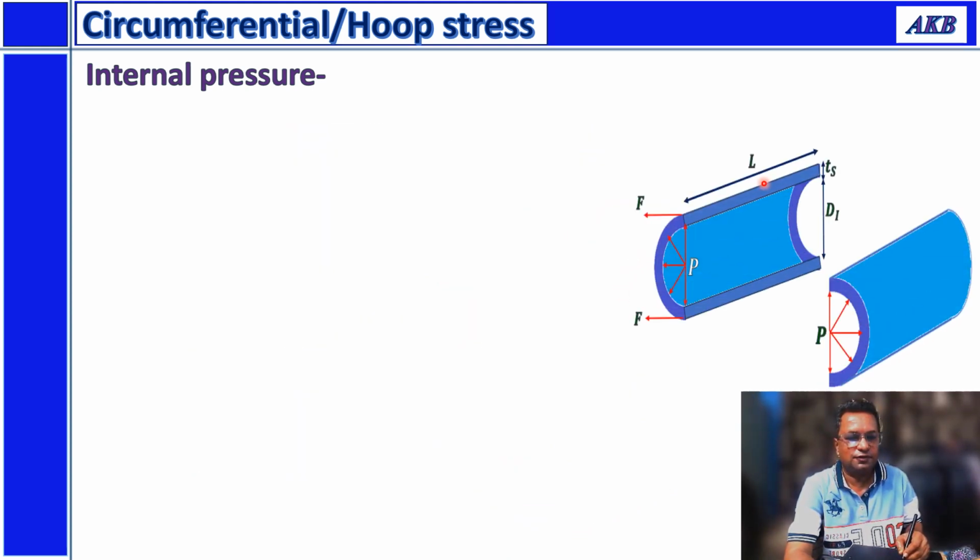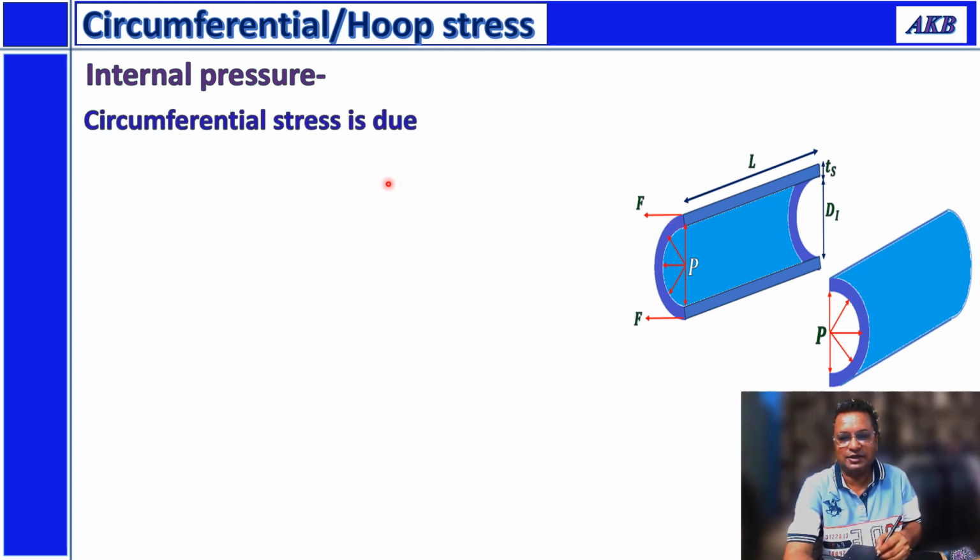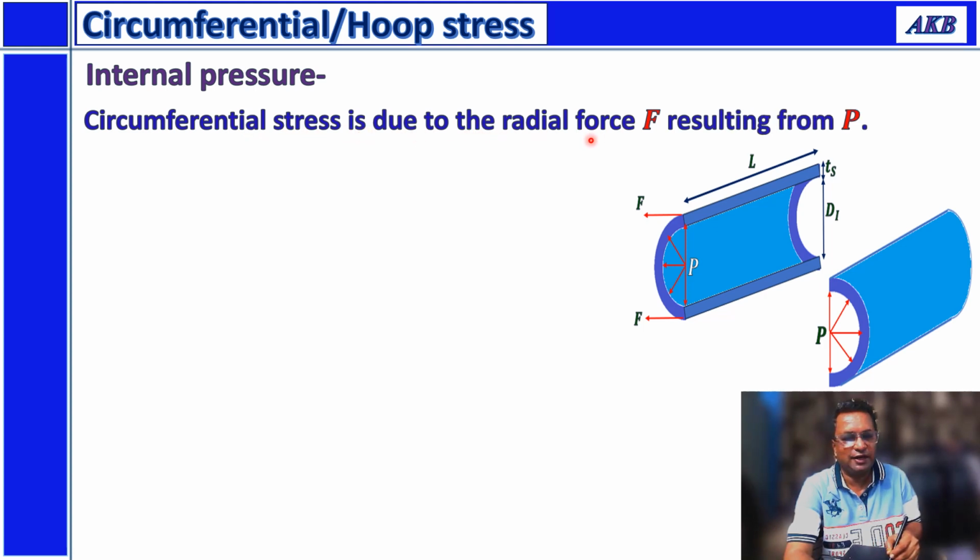Okay, so again I'm showing you the previous diagram. So pressure P is resulting in force F, which is then causing the rupture of the shell. Circumferential stress is due to the radial force.